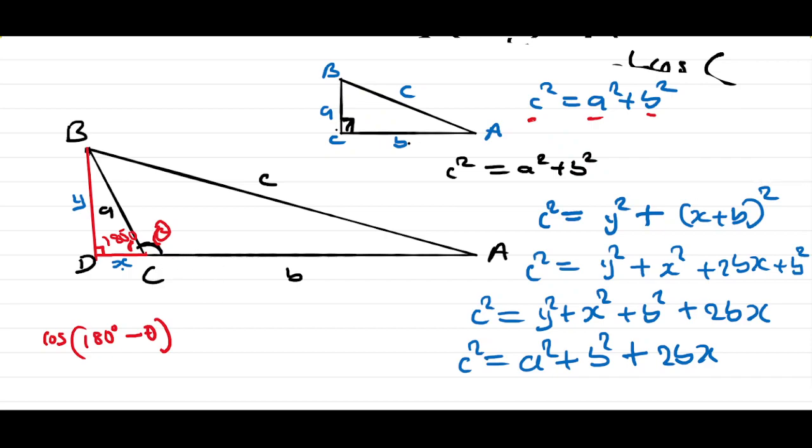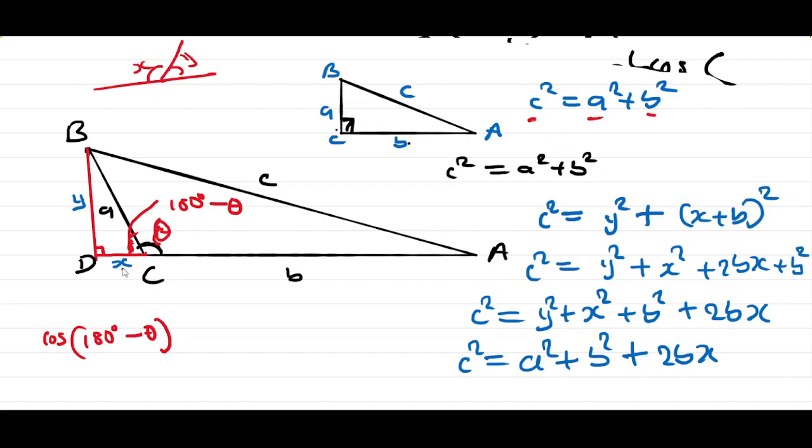Let me write this clearly so you can get what I mean. Because here is theta, this part here should be 180 degrees minus theta, because they are both in a straight line. They should add up to 180. So this theta here and this small angle here should give us 180. So this angle is 180 minus theta.